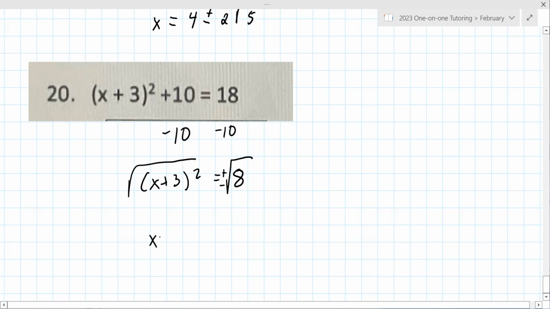On the left, it's x plus 3. On the right, you have to figure out the square root of 8. Would you attempt to figure that out for us, please?